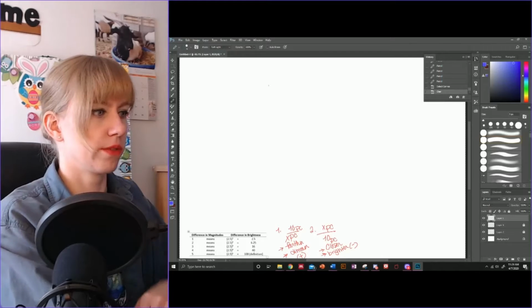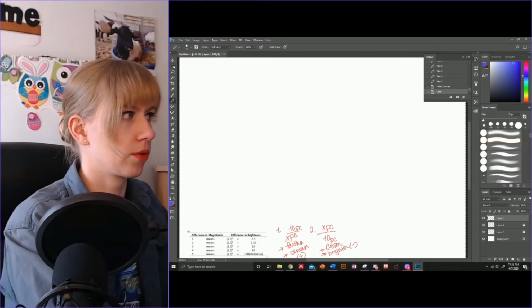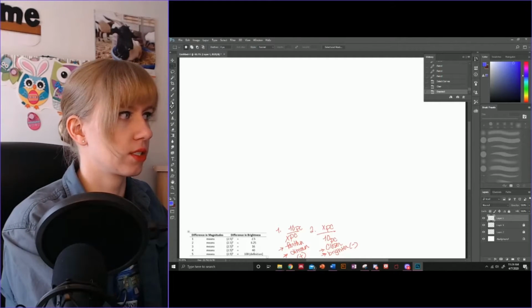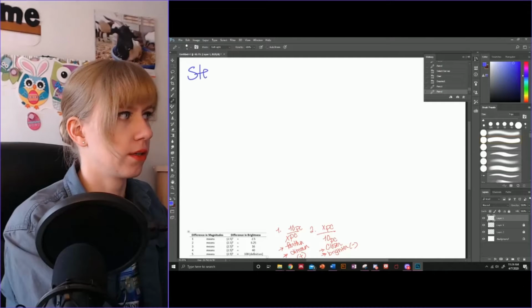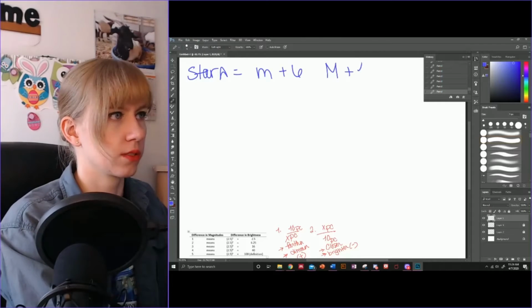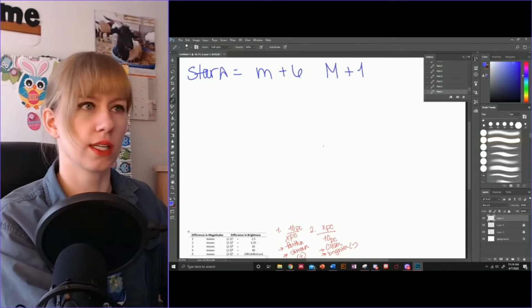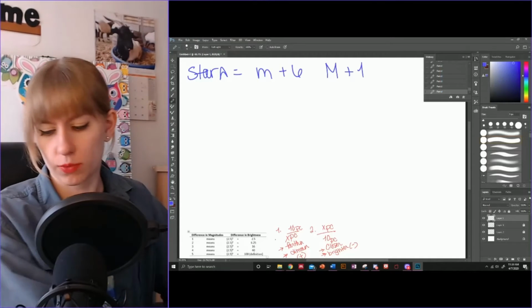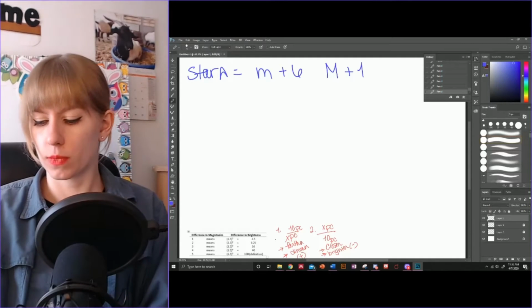So in this case, we've already found out that our star, let's say star A, has an apparent magnitude of +6, and our absolute magnitude is +1. Okay, now we need to figure out exactly how far away it is, right? Which means we need to work backwards.